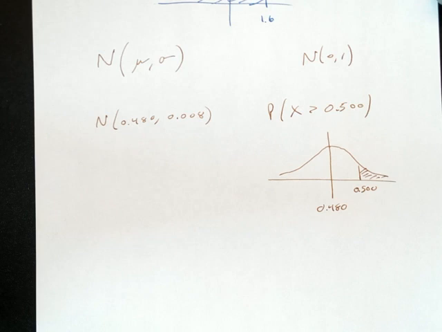I'm going to make an executive decision. I want to use the table. If I want to use the table, what do I have to do first? I have to find a z-score. I have to standardize my data like Nick had suggested earlier.